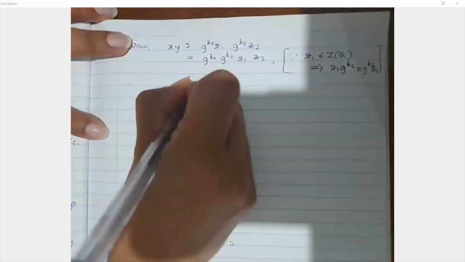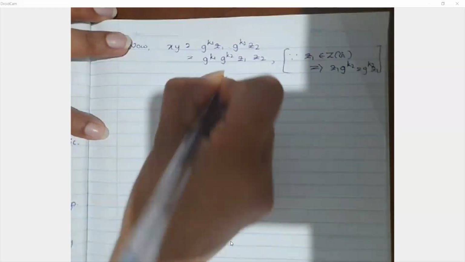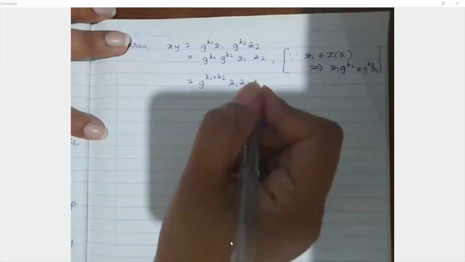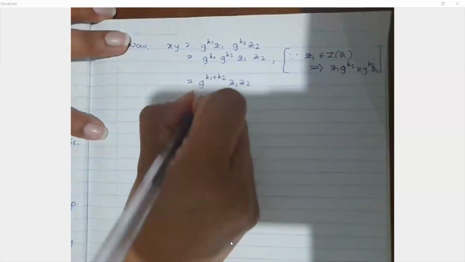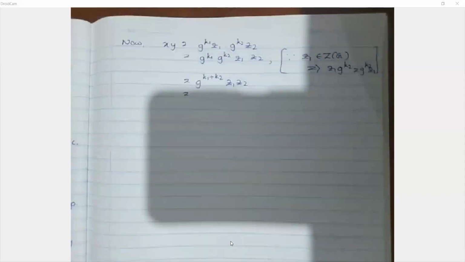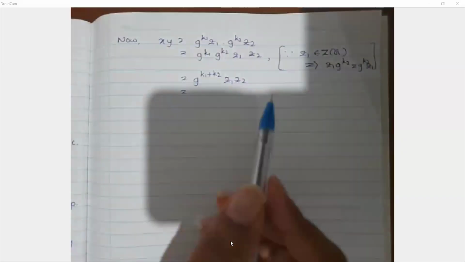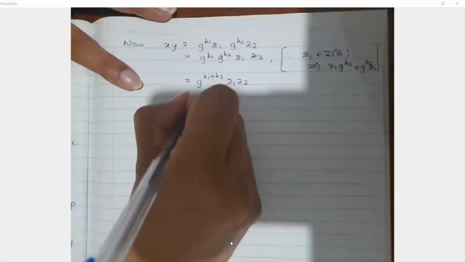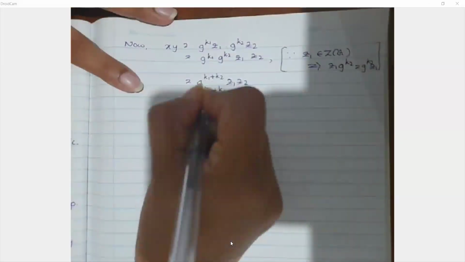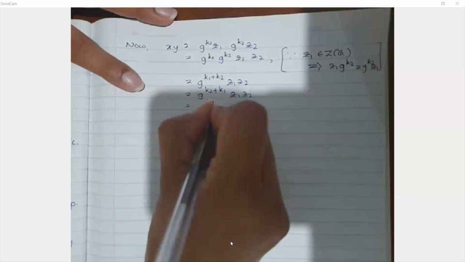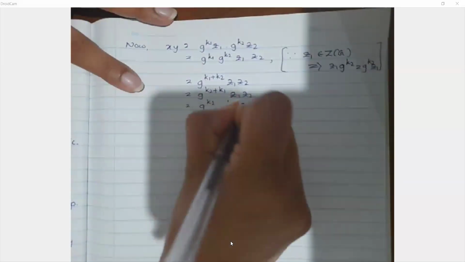Now this is equal to, we simply add these two powers, k1 plus k2, z1 z2. k1, k2 are integer powers, and we know integers under addition form an abelian group, so we can commute those two. Instead of writing k1 plus k2, I can simply write k2 plus k1. This I can write as g^k2 g^k1 z1 z2.